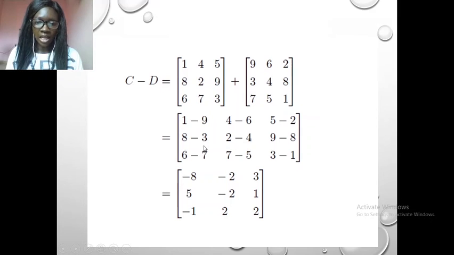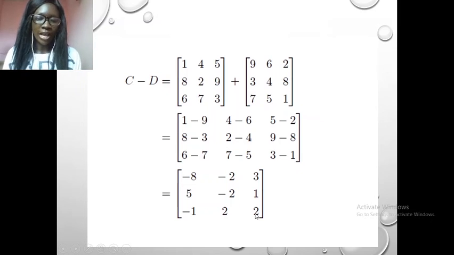Now we subtract our numbers. 1 minus 9 is minus 8. 4 minus 6 is minus 2. 5 minus 2 is 3. 8 minus 3, we have 5. 2 minus 4 is minus 2. 9 minus 8, we have 1. 6 minus 7 is minus 1. 7 minus 5, we have 2. And 3 minus 1, we have 2.